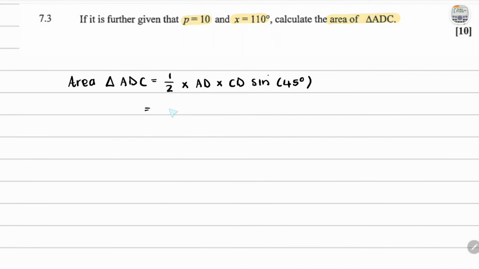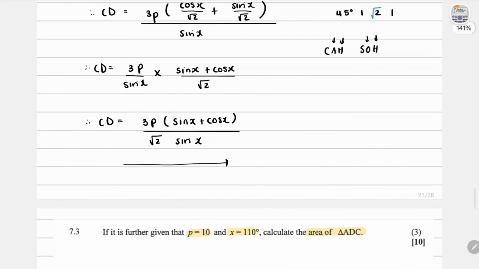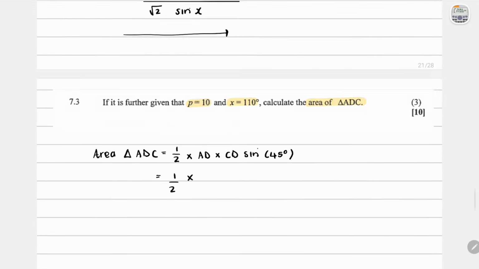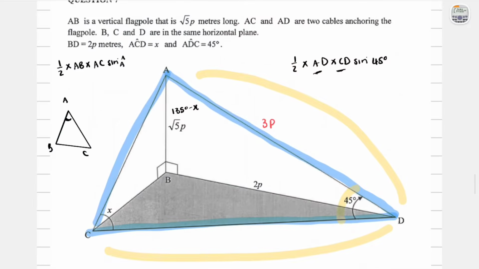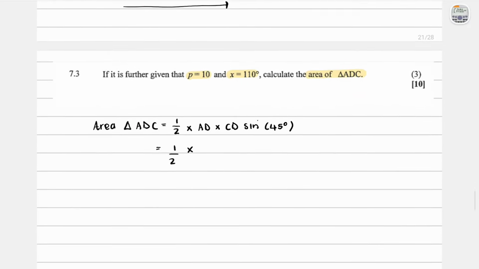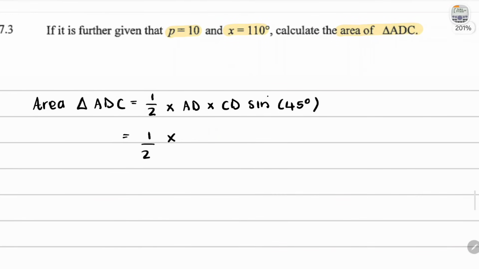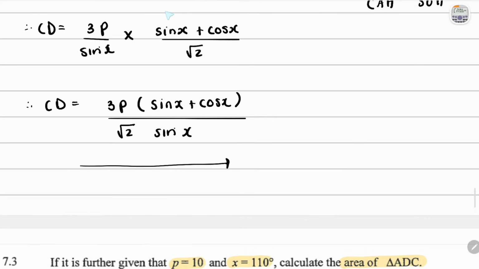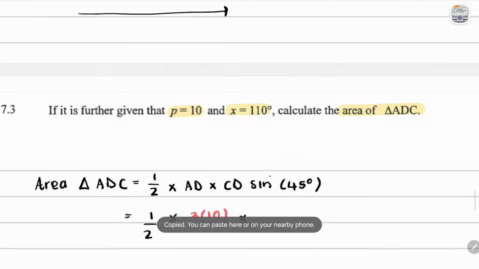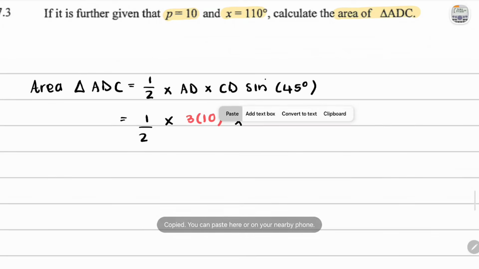So this is equal to a half multiplied by AD is 3P. We already found that initially in the triangle 3P, and then AC as well. So this is just 3P, but we know what P is now. P is 10, so P times 10. And then CD is over here. So we'll just take this, and in place of P and X, just substitute the P and X values.